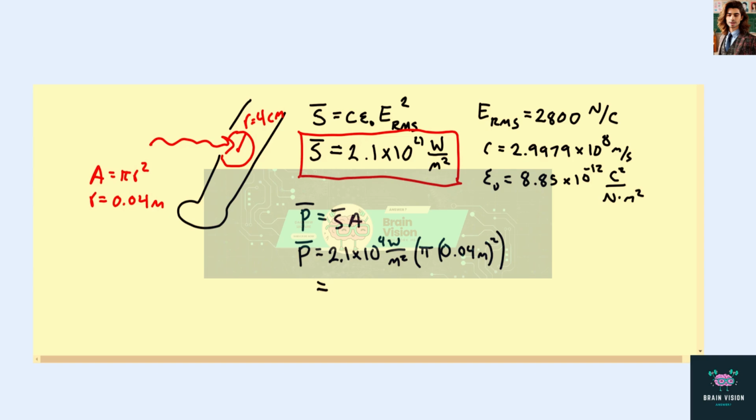And then plugging all of that in, we get a power that's about 1.1 times 10 to the 2 watts. And that's how much power is being directed to that leg.